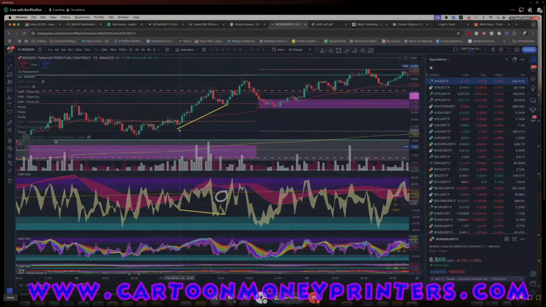Okay, so I'm looking for peaks and valleys on the scalp. So we already know Render's in a strong trend. We want to long it, but we want to make sure we're getting in at the right moment. So you want to wait for a little bit of a consolidation. So here was a peak or a valley on the 3-9, the scalp ribbon.